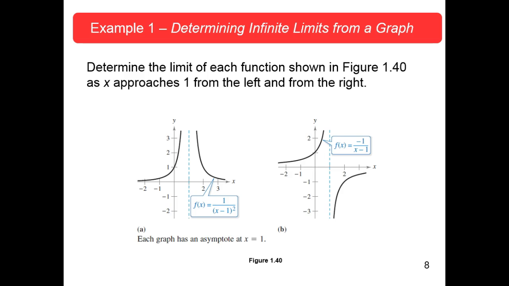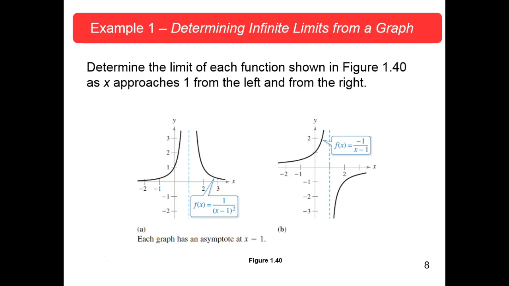So determine the limit of each function shown in the figure here. They're giving us a function. This is the one like we just saw, where x equals 1 obviously is going to be your vertical asymptote. That's where you can't exist. When you're approaching 1 from the left, x minus 1 is a negative number, but when you square it, it becomes positive. 1 over a very tiny, small positive number is going to be a huge positive number.